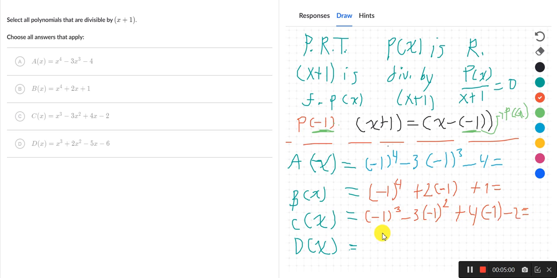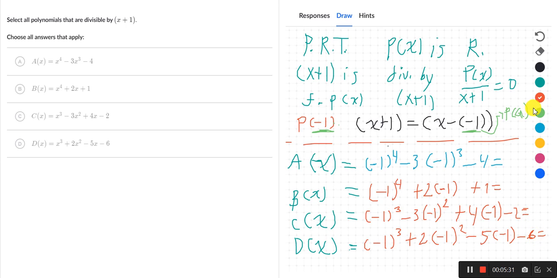All right, and finally, the last one is negative 1 to the power of 3 plus 2 times -1 squared minus 5 times -1 minus 6. Okay, and so here we have this problem.